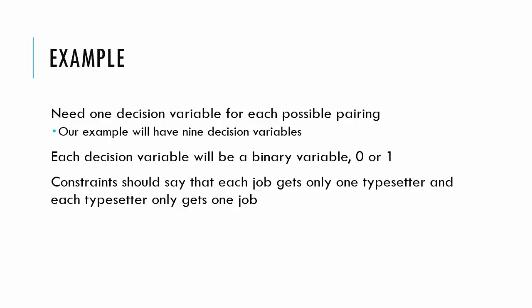It'll be a 1 if that job is assigned to that person. And then we should have a constraint that says each job gets only one typesetter, and each typesetter gets only one job. And then our objective function will be to minimize the cost of those pairings or assignments. So let's move over to Excel and take a look at this.